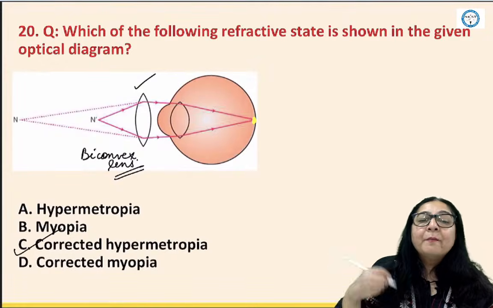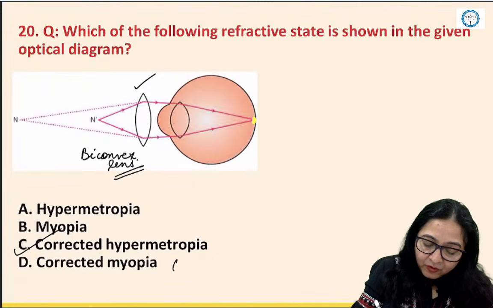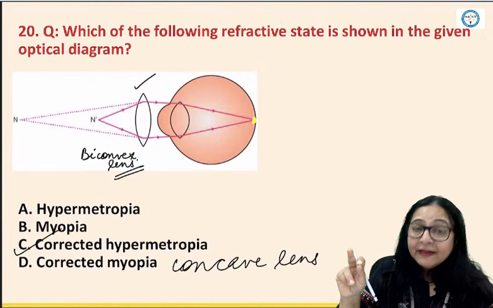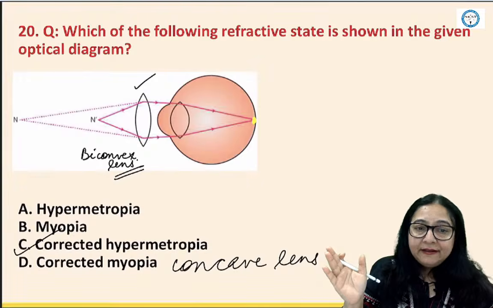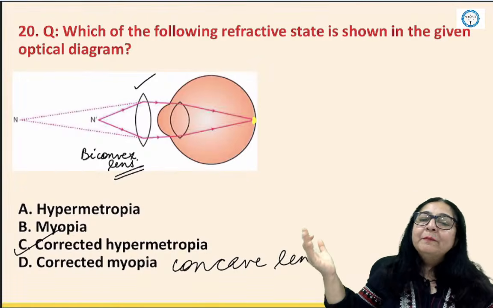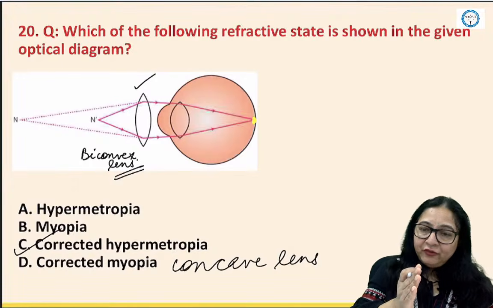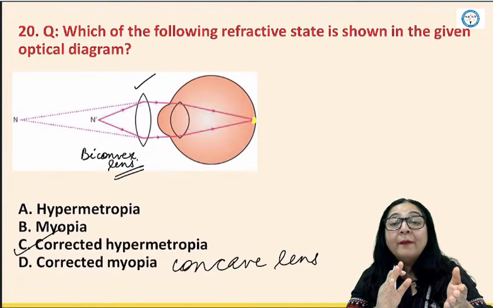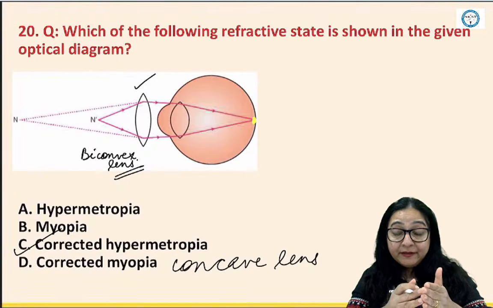For myopia we use a concave lens. If the light rays are not on the retina, it means it is uncorrected. In hypermetropia they are behind the retina, in myopia they are in front of the retina. That is how you can identify the refractive state from the optical diagram.